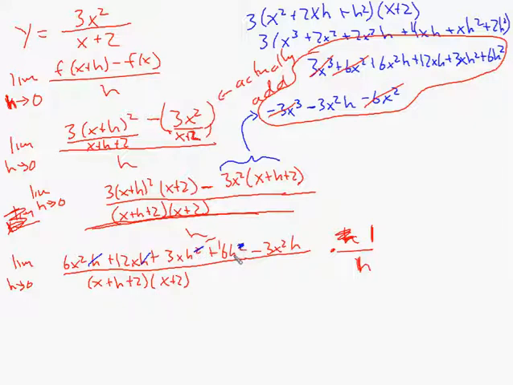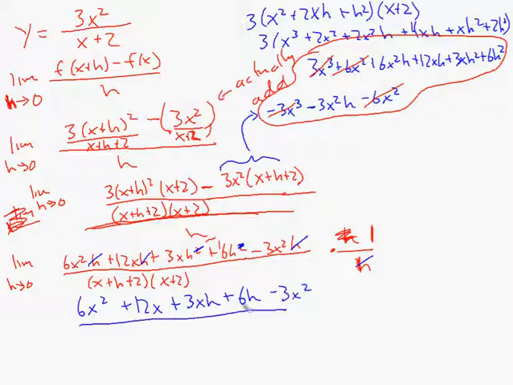In our numerator, we will get 6x squared plus, wait, those combine. How come I didn't combine them earlier? Aren't these like terms? Those are like terms. So those combine. So that's 3x squared. That will go away because we're going to 0, and then plus 12x. And that is f prime.